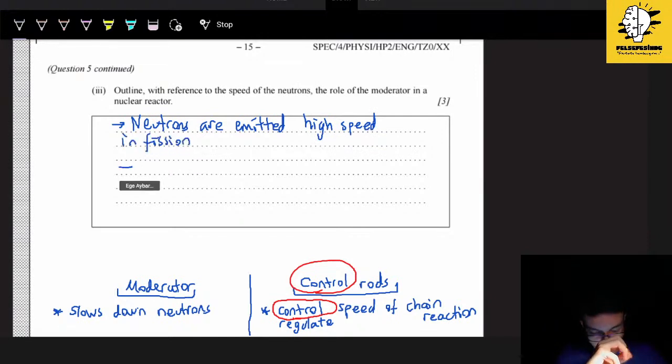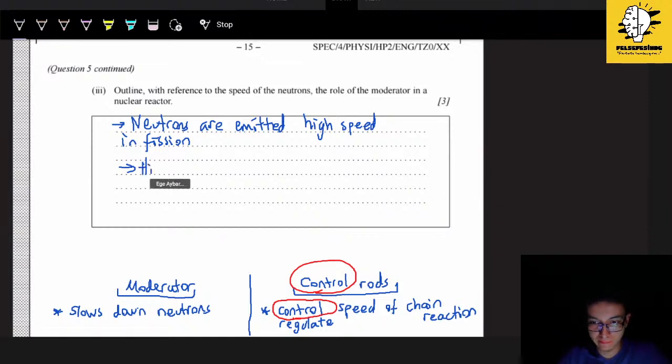But we know that high-speed neutrons do not cause fission, and they do not sustain the chain reaction. It just happens, and it doesn't continue for the other nuclei.